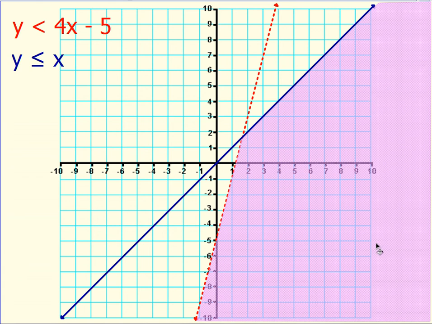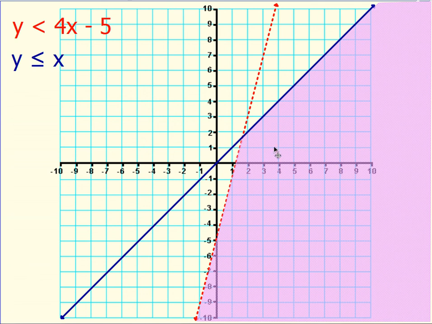This area holds all of the points on and on forever that satisfy both inequalities or make both inequalities true. Again, in our four distinct areas, there's going to be one area that doesn't satisfy either inequality, one area that only satisfies the first inequality, and one area that satisfies only the second.